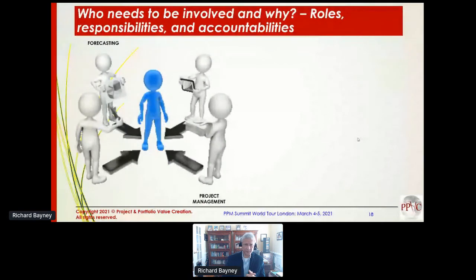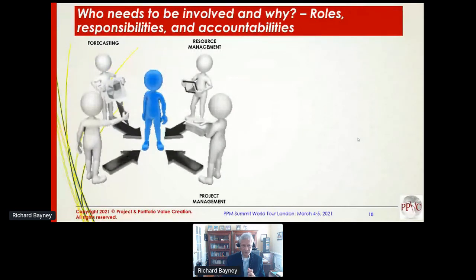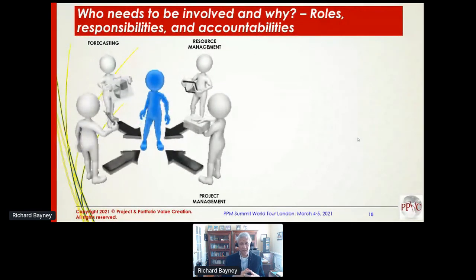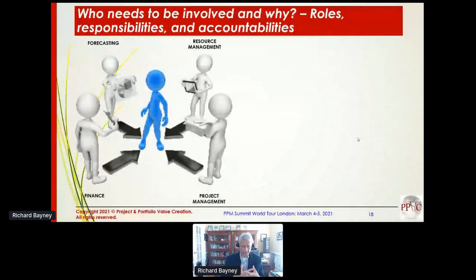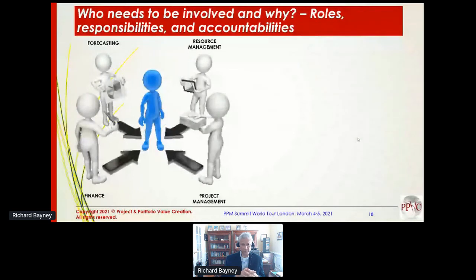There are forecasting people that look at the value of the project. There are resource management functions that tell you what functional roles are going to be involved in the research, development, and commercialization of a project. And then there's finance that does its thing with respect to cost and other areas necessary to portfolio management.